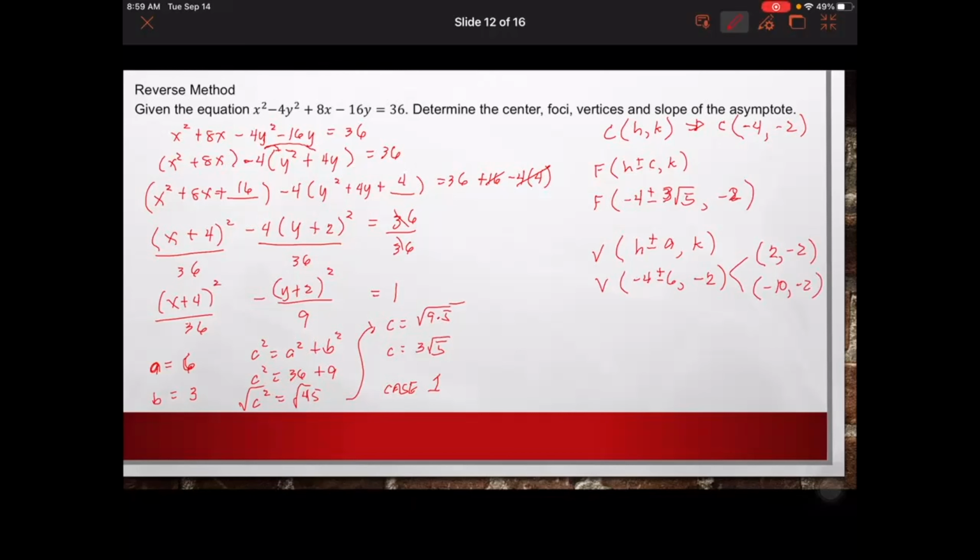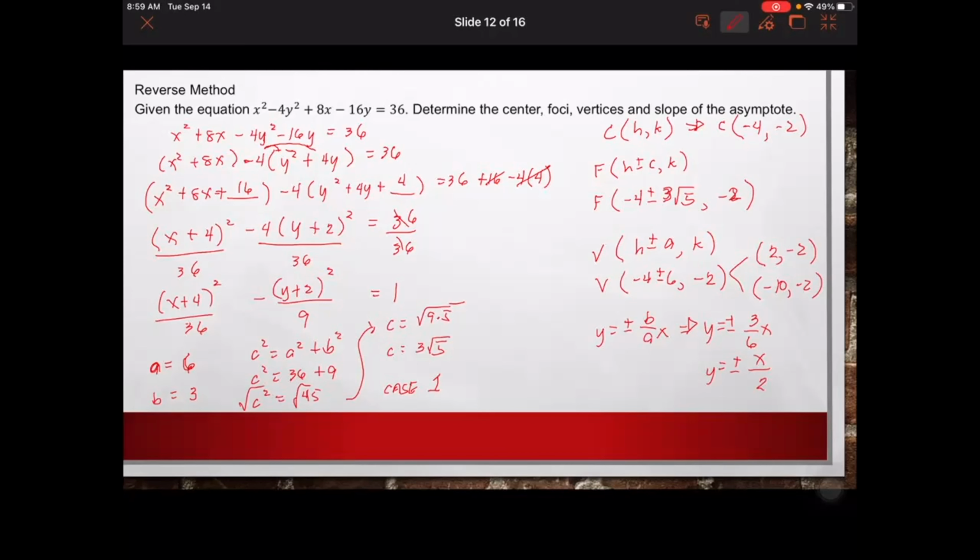Then, for our y equals positive and negative, what's our y here? B over A. Our B is 3 over 6x, which is equal to positive and negative x over 2, or 1 over 2x or x over 2.